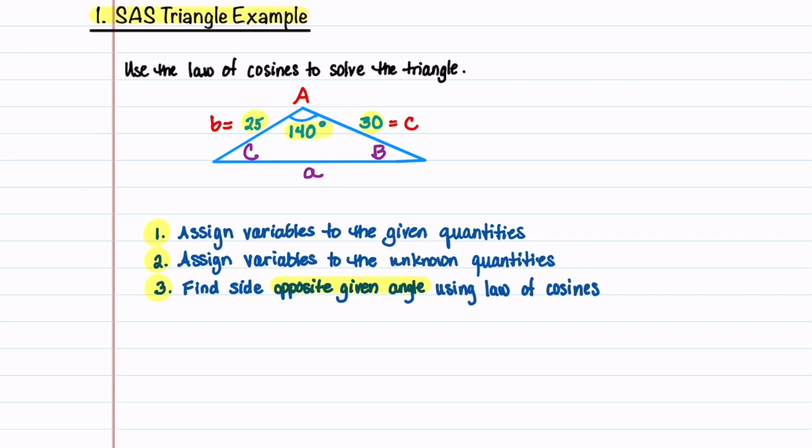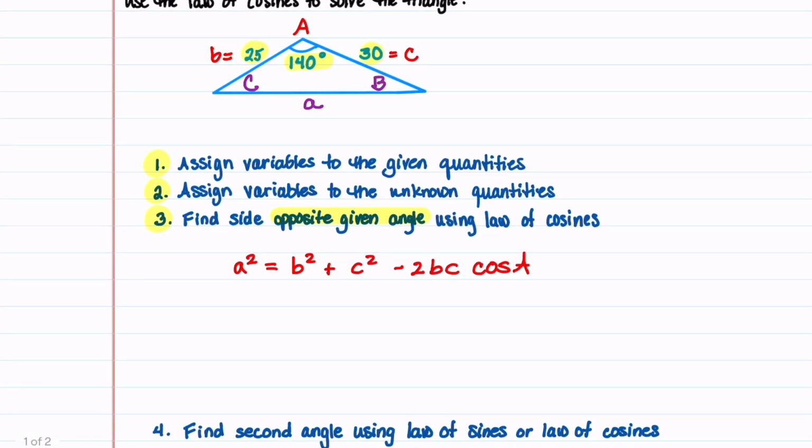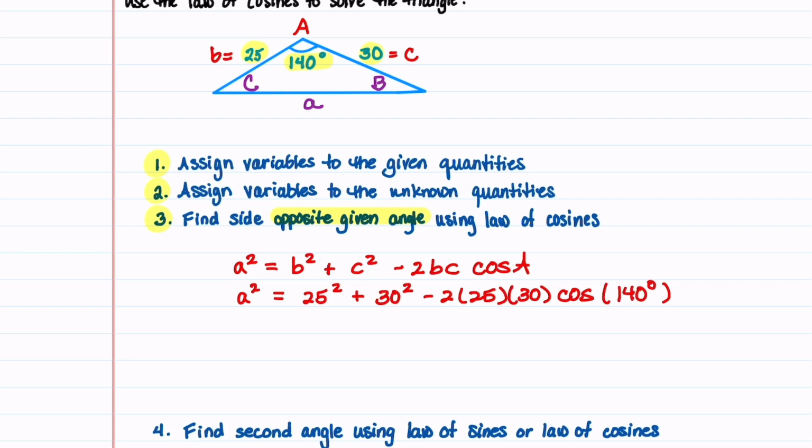The side opposite angle A is little a, so we'll write the law of cosines as a squared is equal to b squared plus c squared minus 2bc cosine of our angle A. We want to solve for little a, so we'll write this as a squared, and then we'll put in values for the other quantities on the right-hand side. b is 25, so this is 25 squared, plus c is 30, we'll square that, minus 2 times b, which is 25, times c, which is 30, times cosine of our angle A, which is 140 degrees.